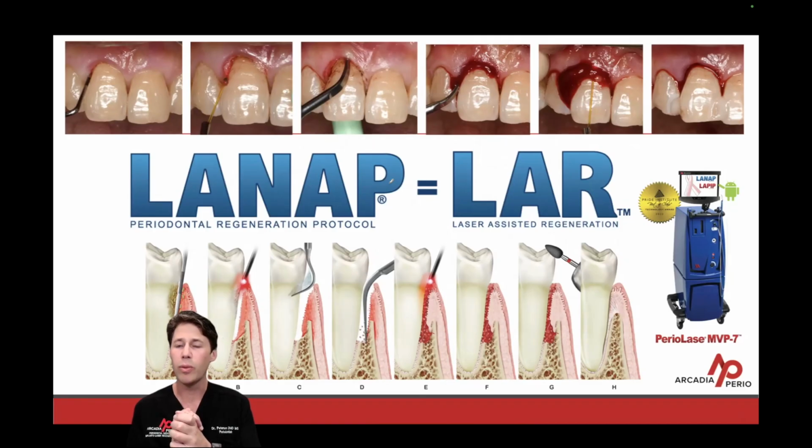Now remember, when we talk about laser settings, all lasers are different. So remember, the laser is called the Periolase MVP-7. Why is that important? Multivariable pulse duration, meaning there's 7 different pulse settings that will allow me to titrate the laser to effect, right?